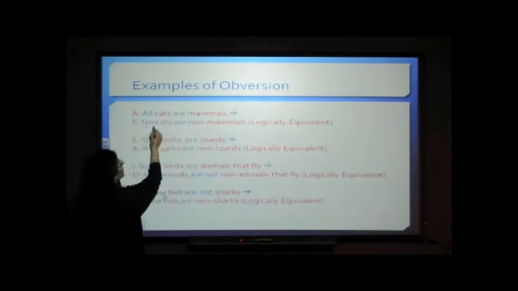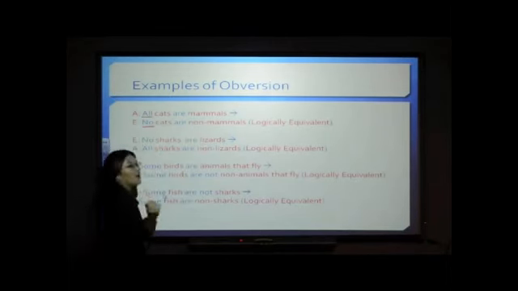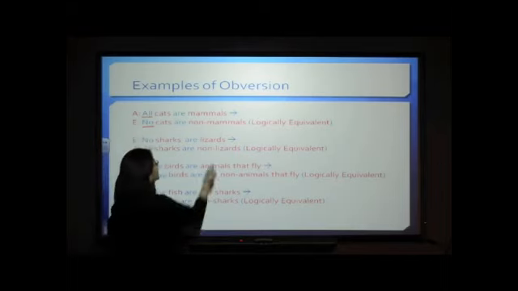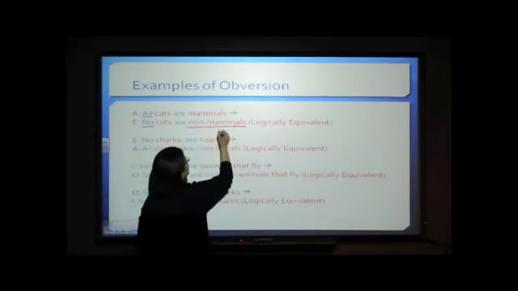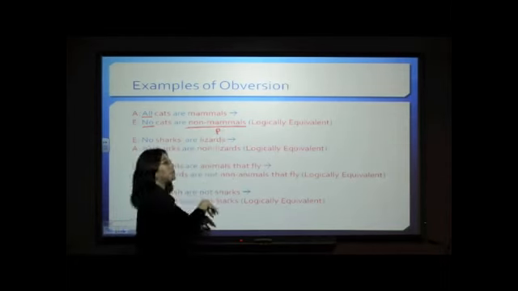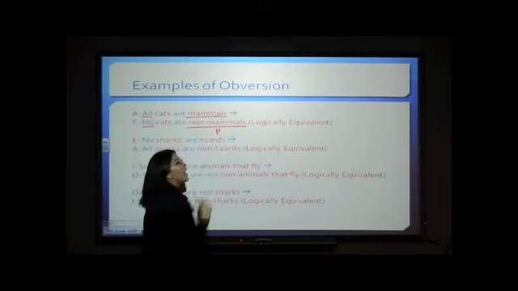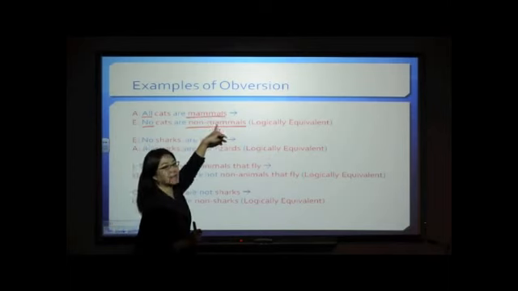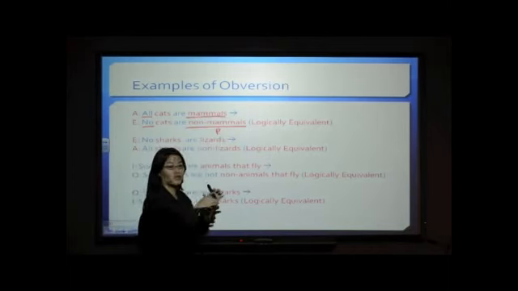So you would change the negative into an affirmative, so you change the no into an all, and then you replace the predicate term, this time it being non-mammals, with its term complement, which is now mammals, okay? Remember, mammals is the term complement of non-mammals, and non-mammals is the term complement of mammals. So these are related to each other, okay?